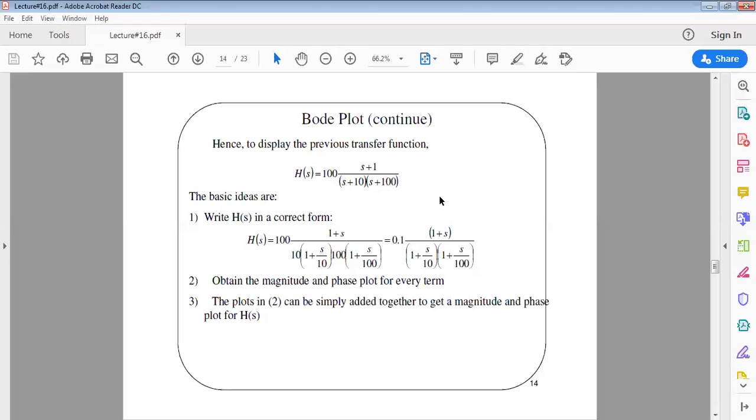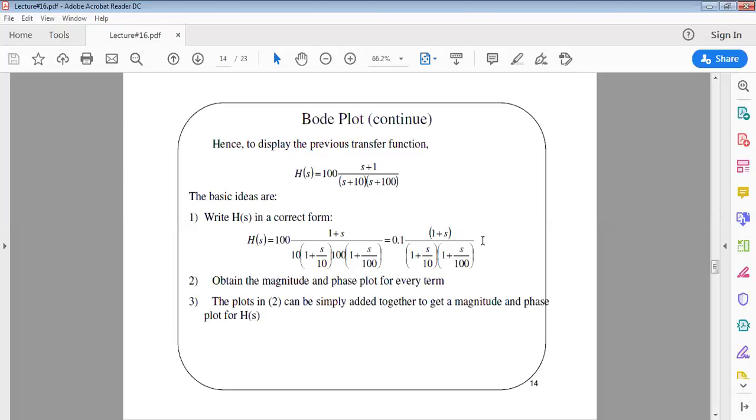Number 2, you have to obtain the magnitude and the phase plot for all the terms that you have in the transfer function. Based on this transfer function, we have 4 different plots. We have a plot for the constant of 0.1, a plot for the real zero at 1, the real pole at 10, and the real pole at 100.